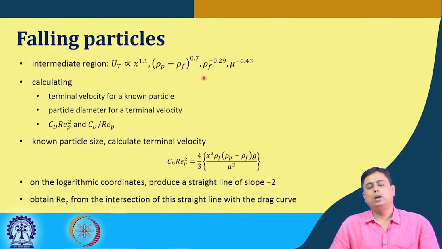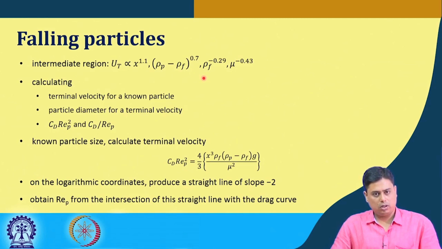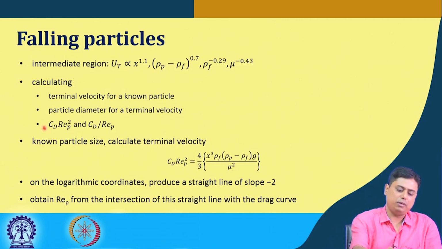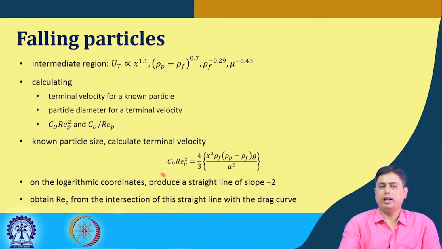To solve such a problem, the solution proposed was that we find the parameter CD Rep square, which results in a non-dimensional number and a constant parameter on the right hand side, and this expression is independent of terminal velocity.